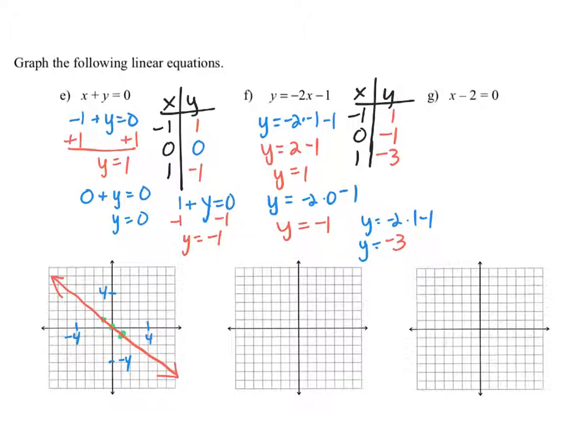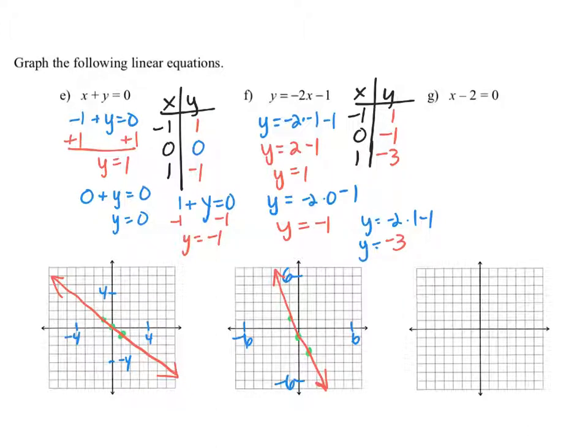Now we can plot those points, again denoting the scale. Plotting each point, (-1, 1), (0, -1), and (1, -3). Draw the straight line that goes through those points. And you can see that we have a linear equation.